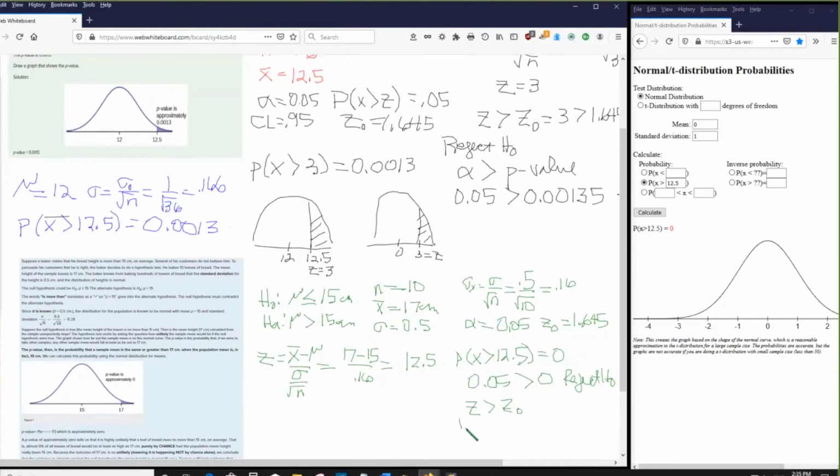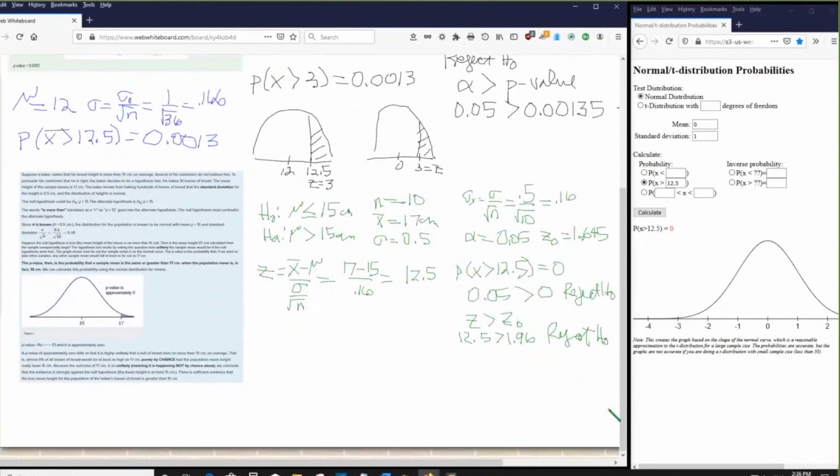for which 12.5 is much greater than 1.96. So that would also tell us to reject our null hypothesis. And then we can also see, like we did before, where we can compare the graph.